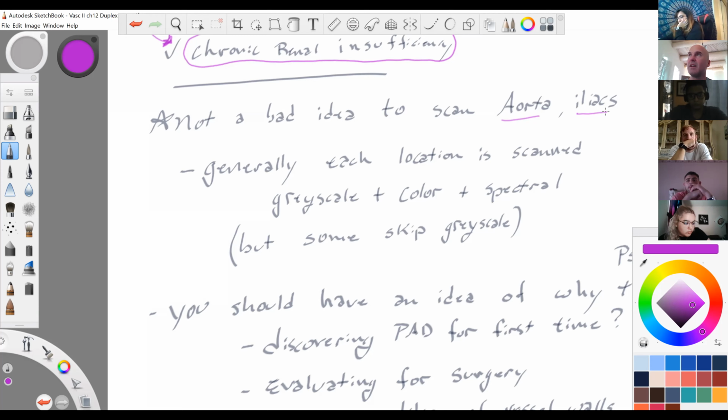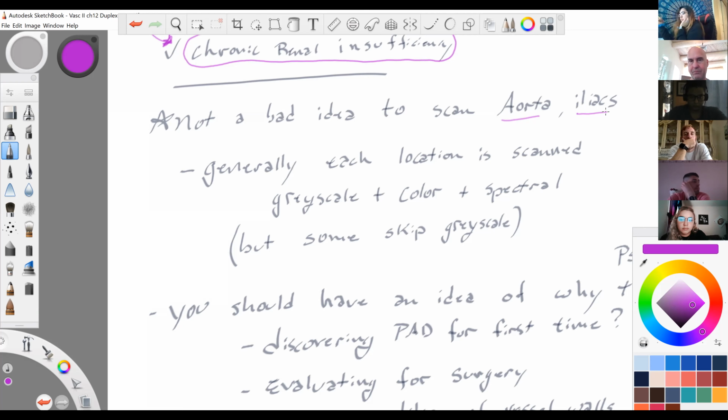And then you have 3 vessels: ATA, PTA, and peroneal arteries. And then the distal sections of those, so the dorsalis pedis. But in the tibial arteries, proximal to distal is probably required for most labs.